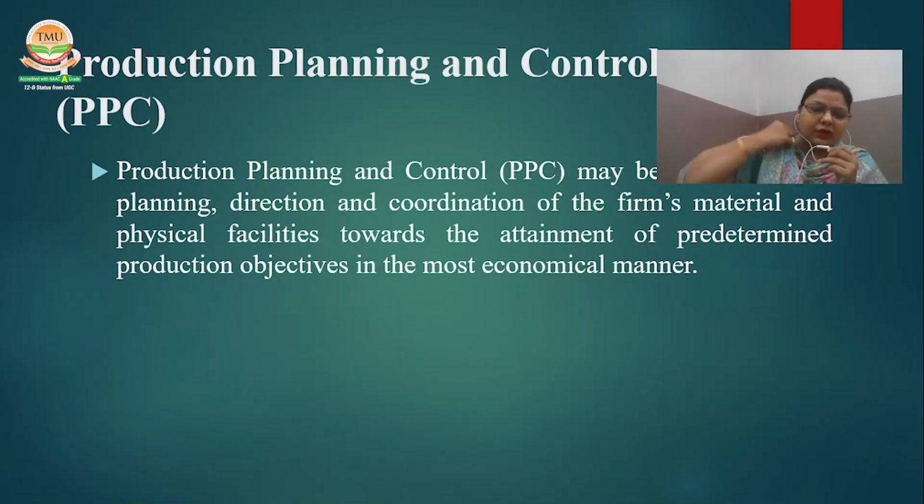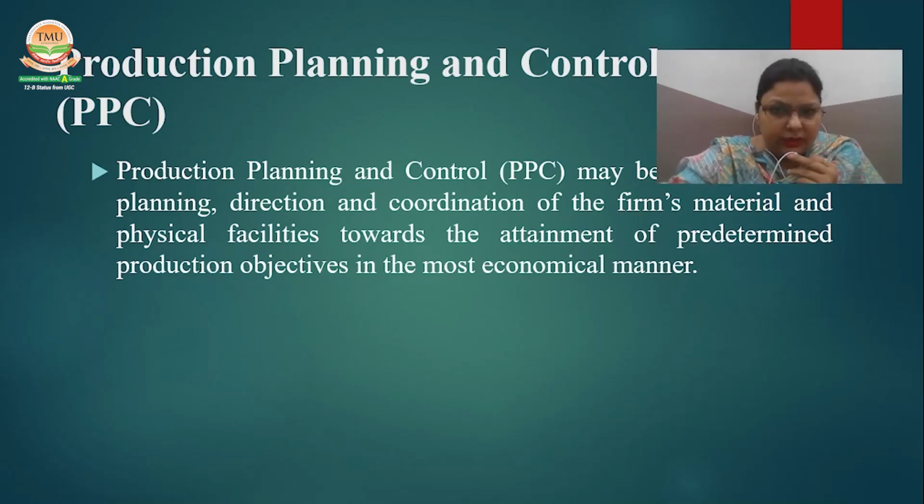Next point which we are going to discuss is production planning and control. It is clear from the term itself that some kind of planning is going on in production, that is called production planning, and how to control and evaluate these processes comes under control. So production planning and control may be defined as the planning, direction and coordination of the firm's material and physical facilities towards the attainment of predetermined production objectives in the most economical manner.